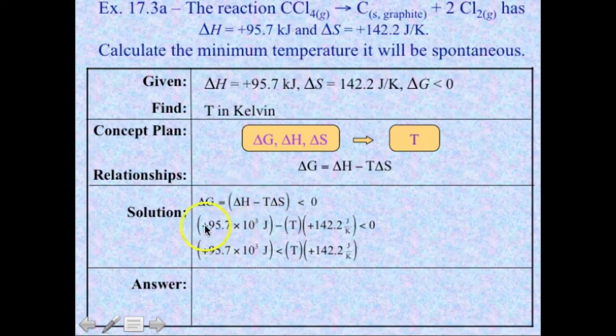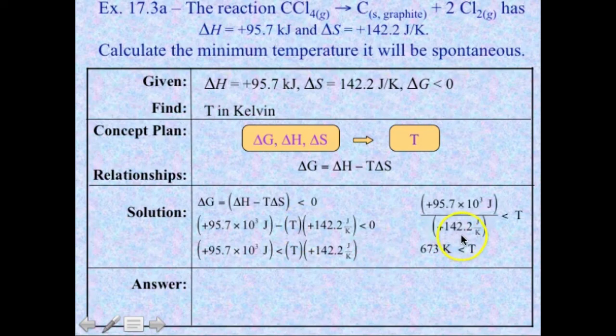Well, the delta H is a positive value, so that means the T delta S term in magnitude has to be greater, so that when you subtract it, the whole thing is going to be less than 0, a negative value. So you're looking for T. You're going to solve this equation for T, the temperature above which the reaction will be spontaneous.